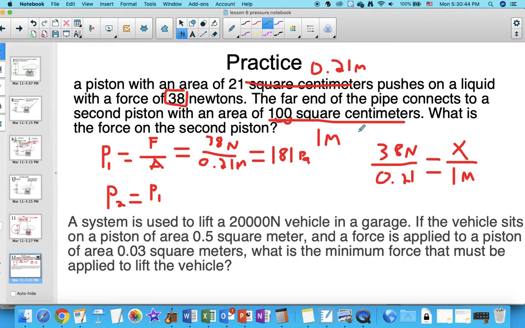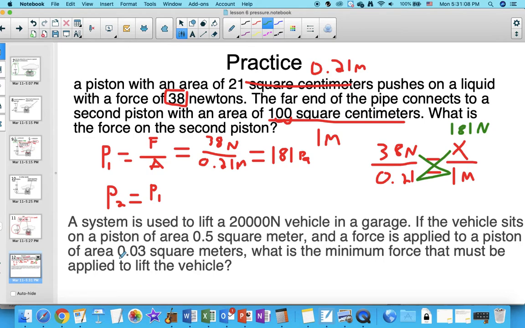I'll use a different color: 38 times 1 divided by 0.21. In this case, we end up with 181 newtons of force. So we've dramatically increased the force we are using. The reason it's the same number is because we had 1 meter. In this next one, it'd be a little bit different.